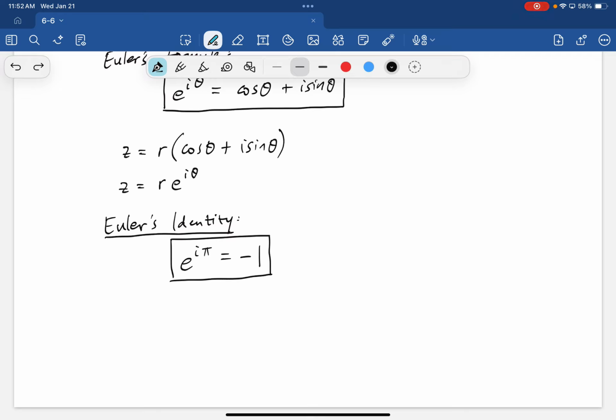Any number can be converted to exponential form from trigonometric form, right? So for example, cosine pi over 6 plus i sine pi over 6 could just be rewritten as e to the power of i times pi over 6.